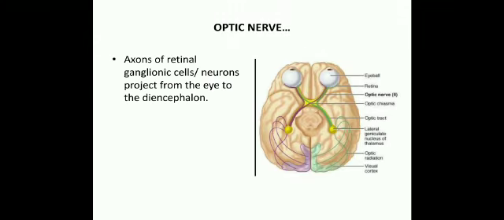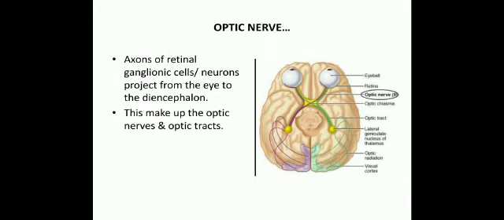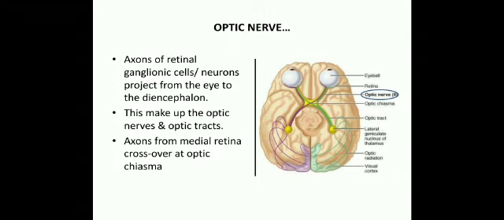So, the axons of the retinal ganglionic cells or neurons project from the eye to the diencephalon that makes up the optic nerves and the optic tract. So here you can observe the optic nerve and the tract. The axons from the medial retina cross over at the optic chiasma, and from the lateral retina they do not cross.